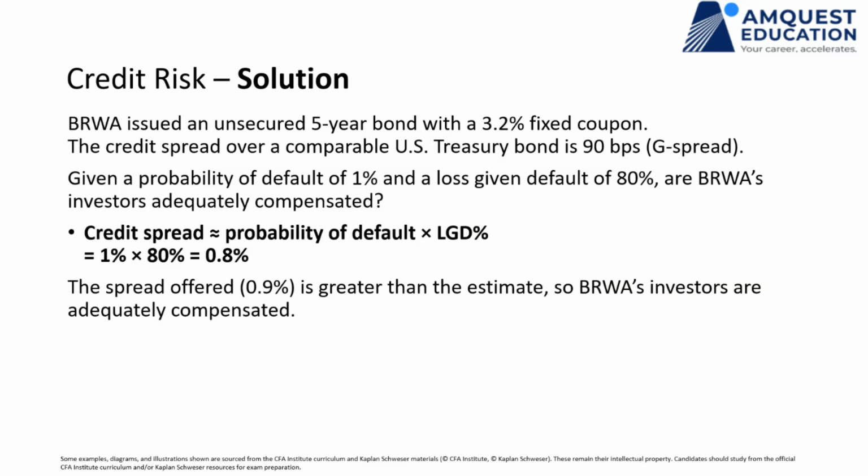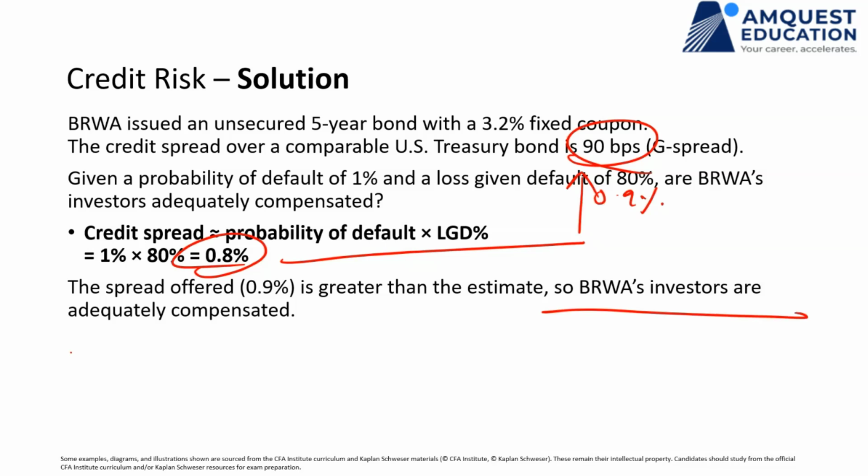You just have to apply the data and work through this. Remember, your credit spread is 0.8%. However, how much are you adding on your treasury security? 90 basis points, which is 0.9%. Therefore, you are actually covering them for 0.1% more. So yes, the investors are adequately compensated.